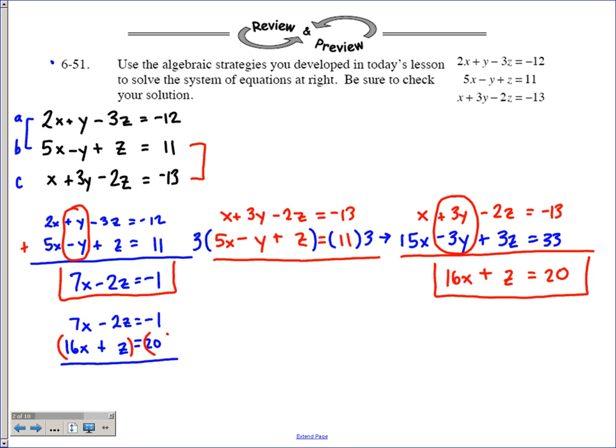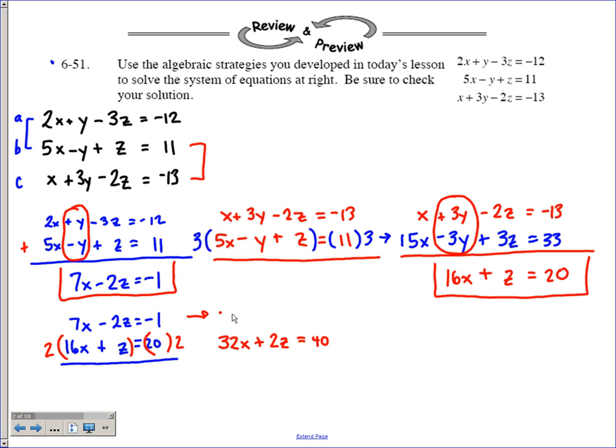I'm going to take everything here. I'm going to multiply it by 2 so that I can eliminate my z's. So what we'll end up with here is 32x plus 2z equals 40. My top equation, I'm just going to bring it straight over.